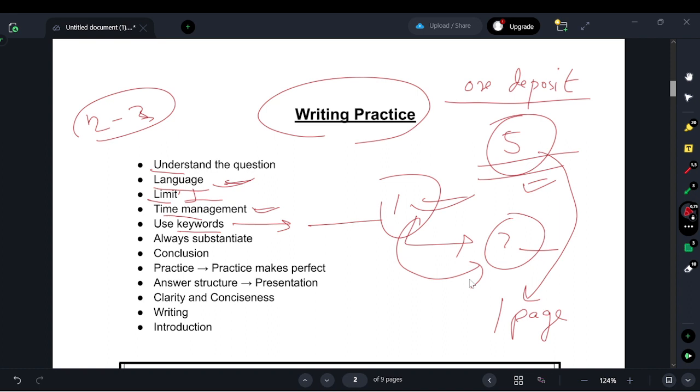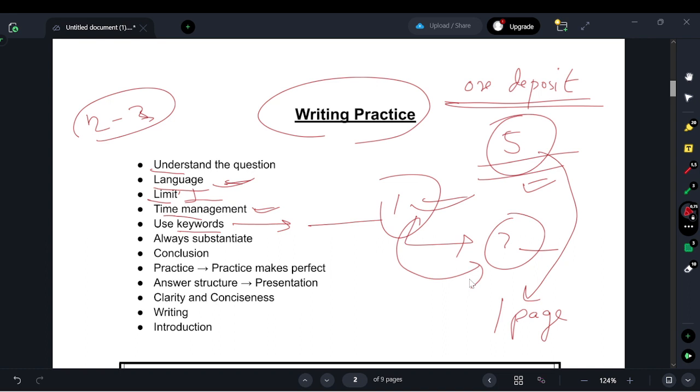Do not wait to come back again and underline it. Underline the keywords asked in the question, and whatever you think is the best point for that question. It will not take much time if you do it alongside your answer writing.